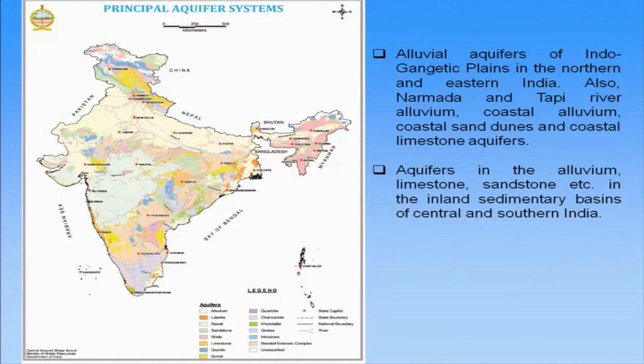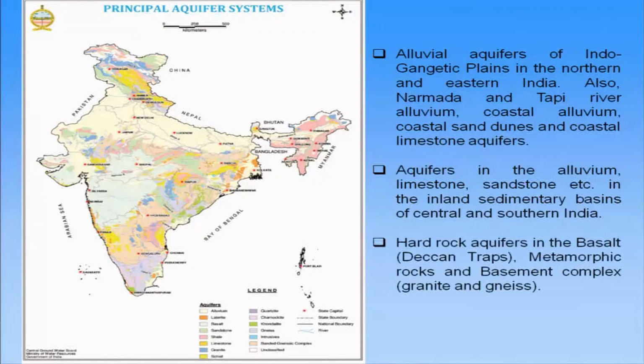Aquifers in the alluvium, limestone and sandstone are also observed in central and southern India, because they don't have much alluvium, but most of the aquifers are in the hard rocks, mainly limestone and sandstone. Hard rock aquifers like basalt and others are seen again in central India, mainly in the basement complexes like granite and gneiss and Deccan Traps, basalt mainly.